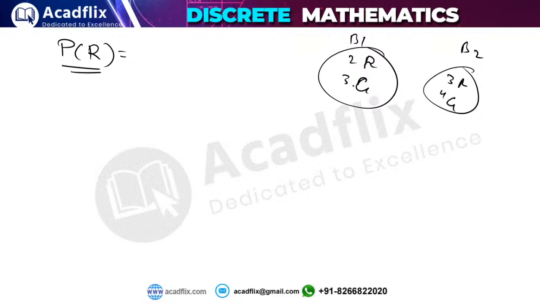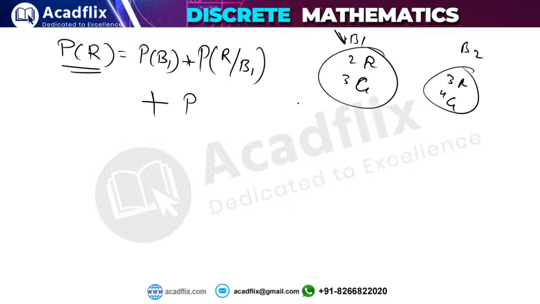The probability of R will be either you have chosen box 1 or you have not chosen box 1. So I can say the probability of choosing box 1 multiplied by probability of R given that box 1, or you have not chosen box 1, means probability of not choosing box 1 multiplied by probability of R given that you have not chosen box 1.